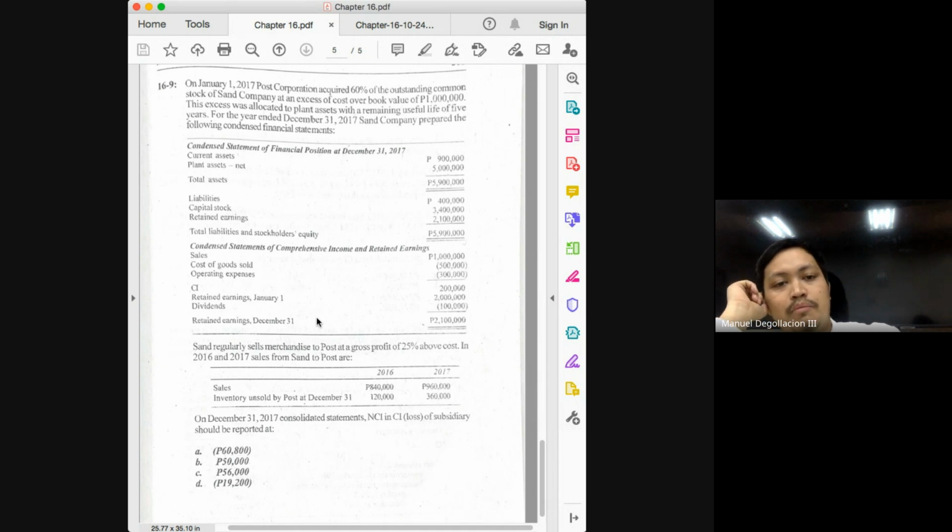But again, it's important for you to know that it's possible that the adjustment here for the amortization of the difference between the book value and the fair value can be a positive adjustment. And that will happen if the book value is greater than the fair value. But again, that is not common in the problems. So how much again was the income of the subsidiary, class? 200.